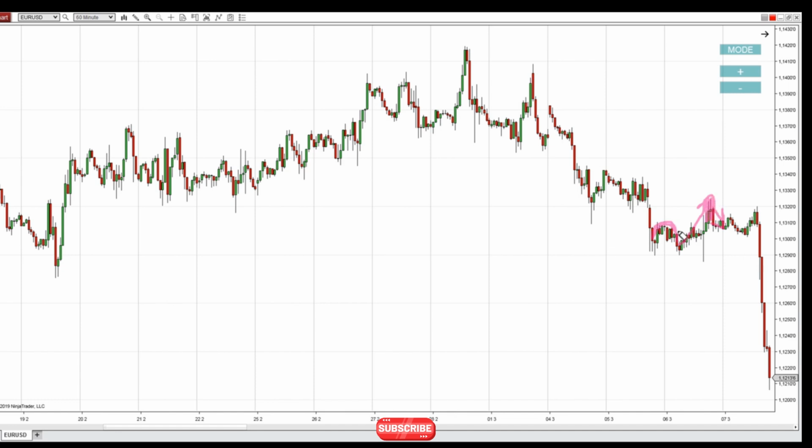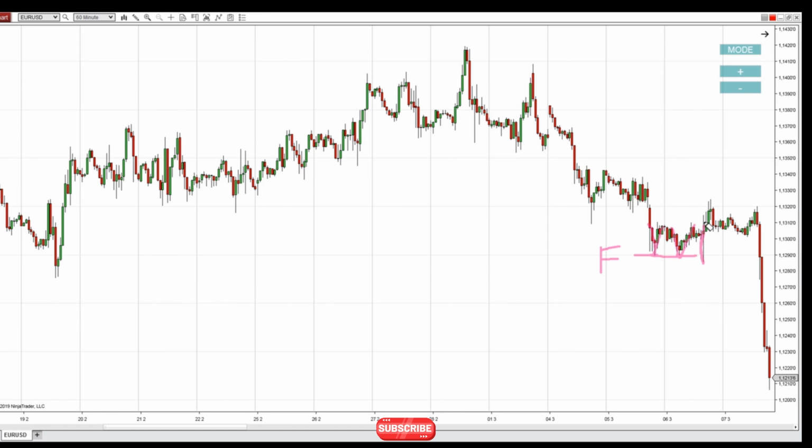Alright, so again, the weak high got tested pretty soon. And also, there's a failed auction in here. Those 2 rejections form a failed auction. Those 2 candles have their lows exactly at the same price level. What happens next?